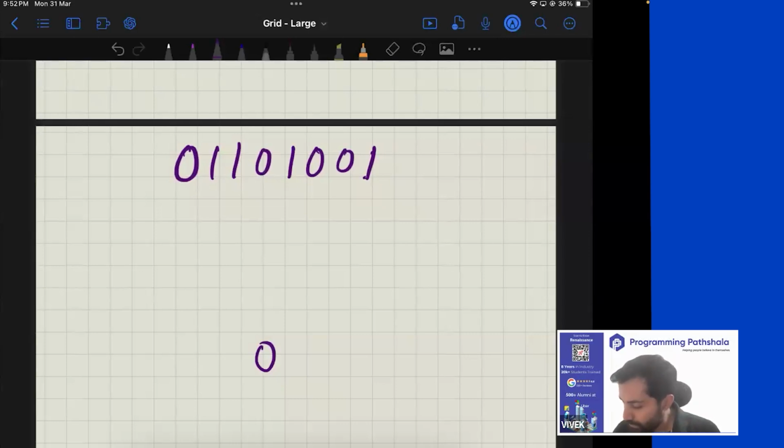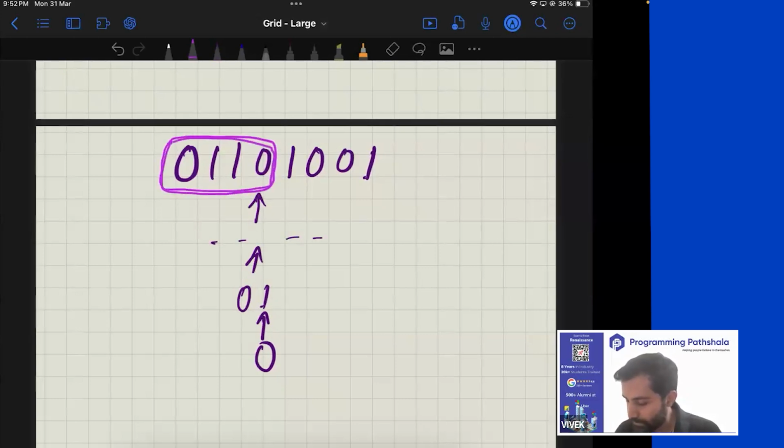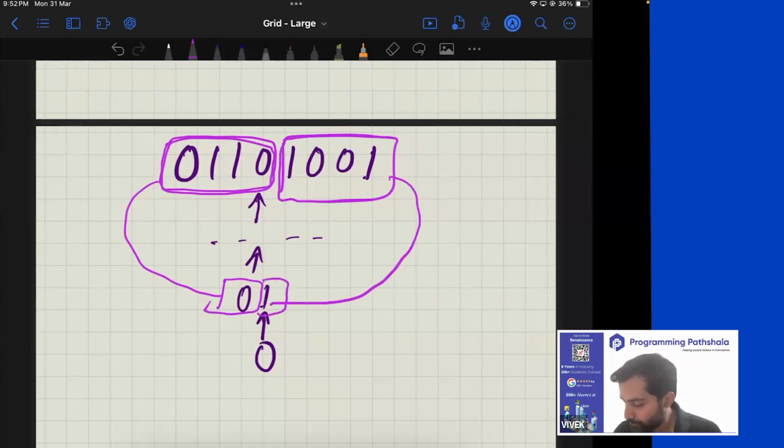Now this particular 0, when it decomposed for the first time, it became 01. And then it became something, and then that became something. So basically, if I look at it, the first half of it has come from 0, and the second half of it has come from 1.